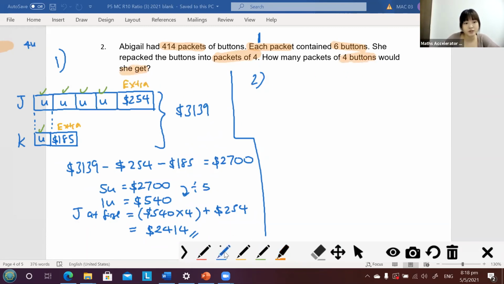Okay, this question is a lot simpler, but some of you might still make some careless mistakes. Or if you read wrongly, then you won't get the question correct. Right, so this is 414 packets of buttons. So one packet is 6 buttons. So how many buttons does she have in total? Okay, total buttons.